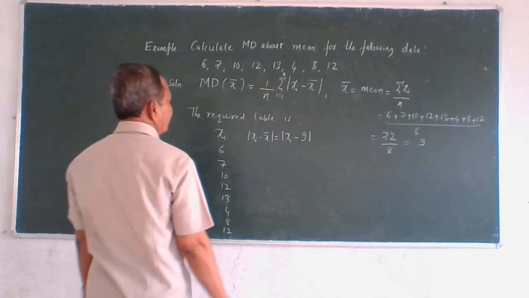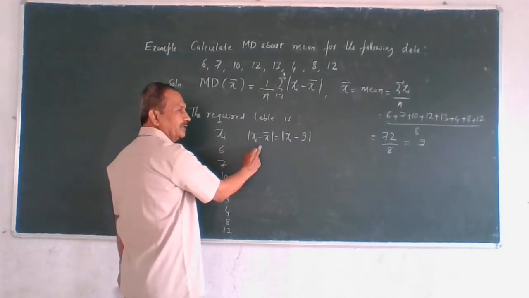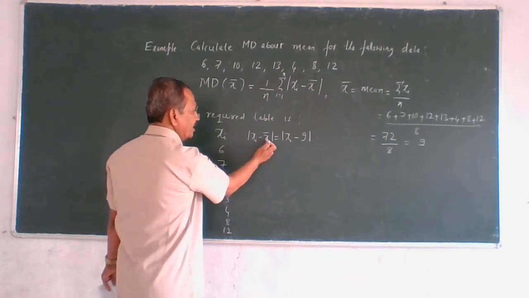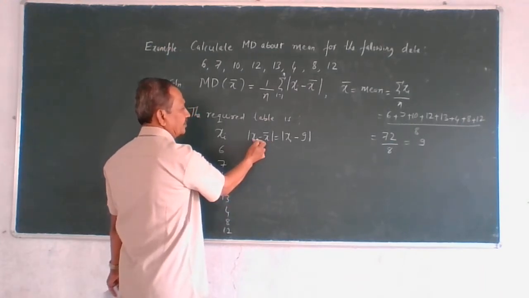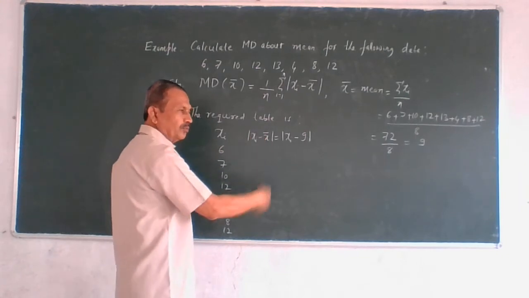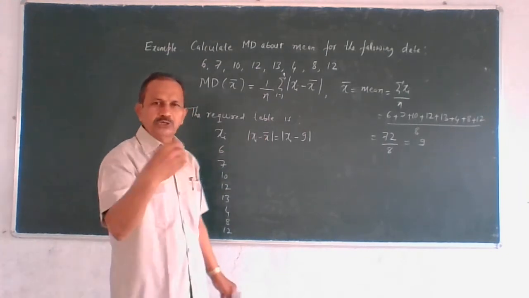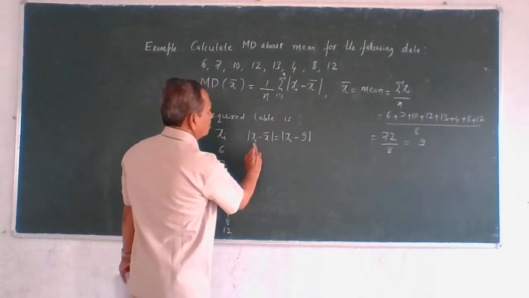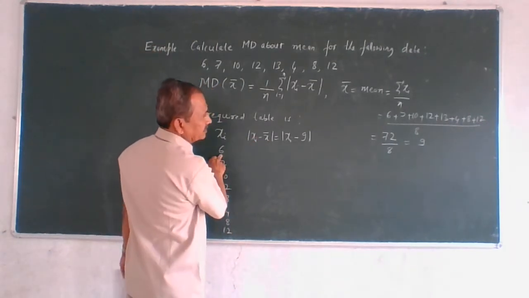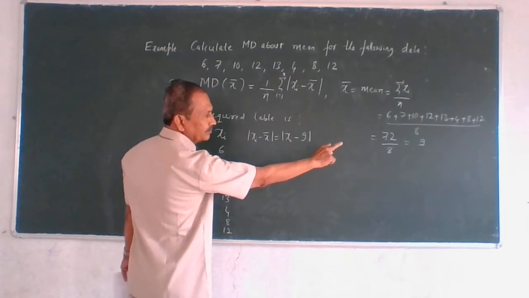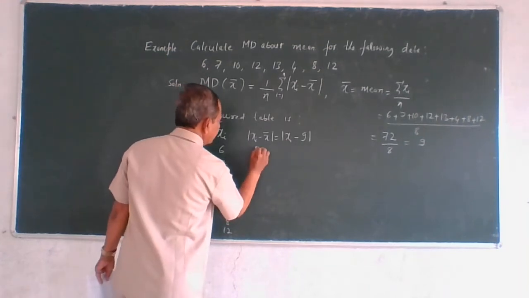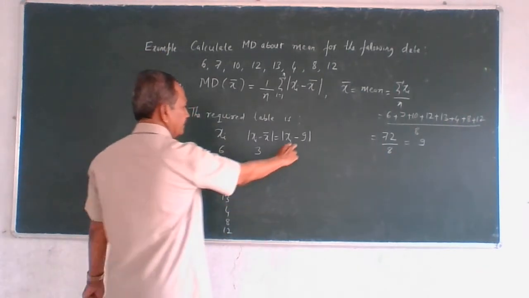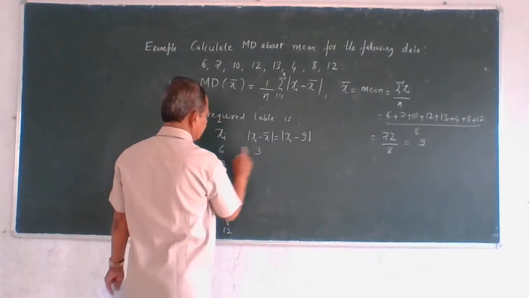Now modulus of xi minus x bar, these are called the deviations. So subtract x bar from each xi and take the positive differences, that means ignore the negative signs. First one, 6 minus 9 is minus 3, modulus, so plus 3. X bar is 9, x1 is 6.